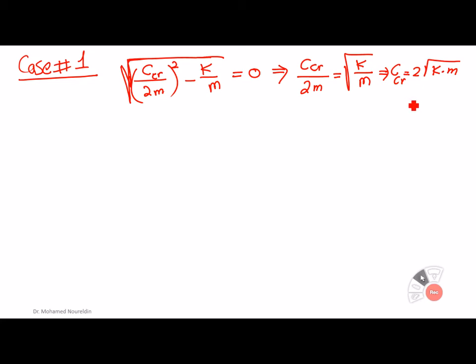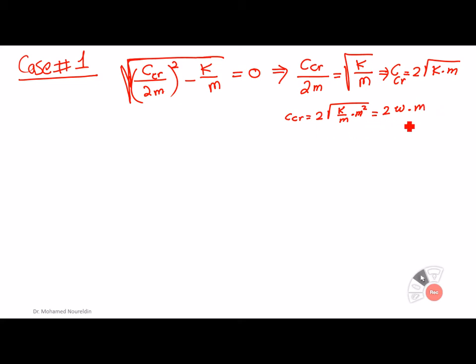Based on this, we can say that c_cr equals 2 times the square root of k over m times m squared. I didn't do anything, I just added m in the numerator and denominator. And then when you look at this, this is going to give us 2 times the square root of k over m, which is omega, times m squared under the radical, then go outside is going to be m here, right?